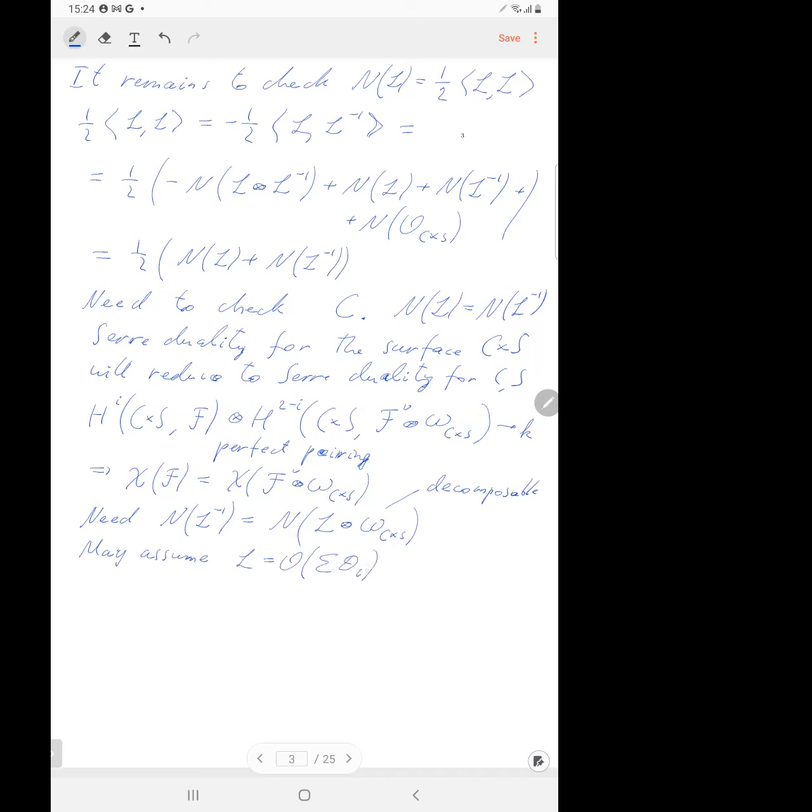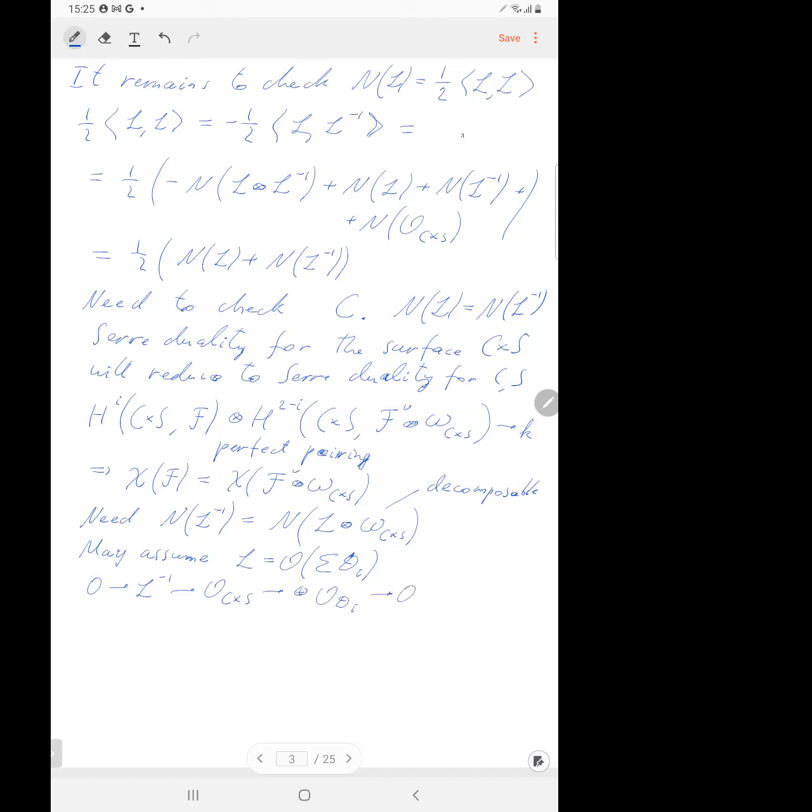Well, in fact, before we used that L was O of negative sum, but for the same price we can use that L is O of positive sum, and then we have the exact sequence L inverse to O to the direct sum of O of D_i.